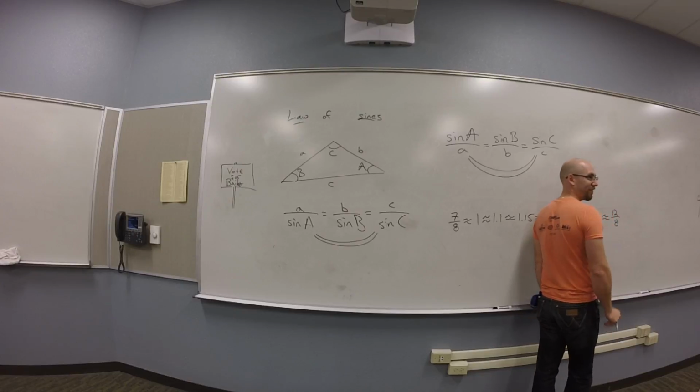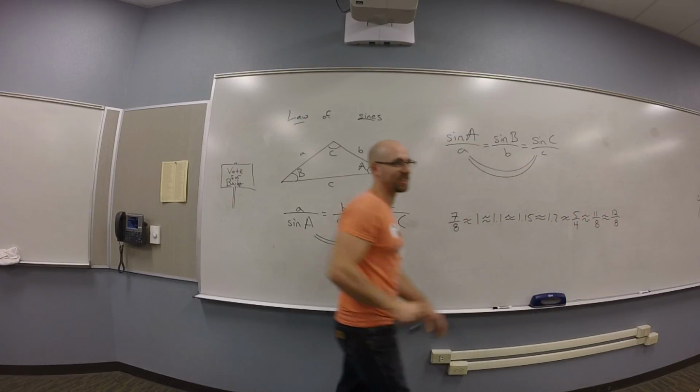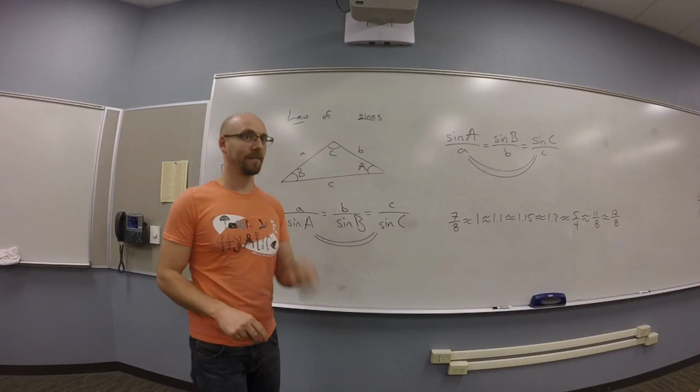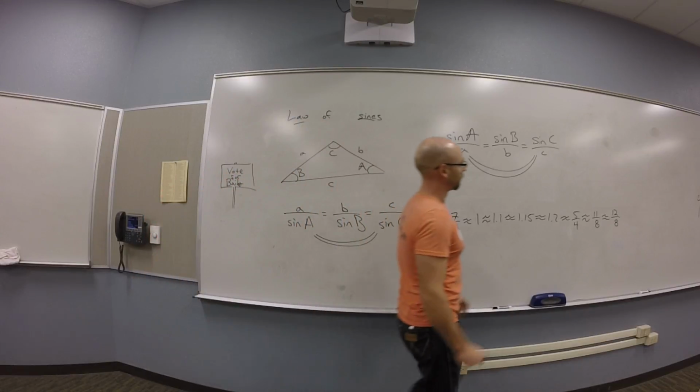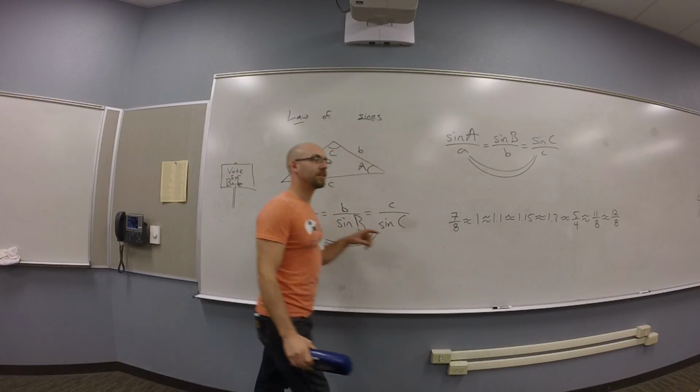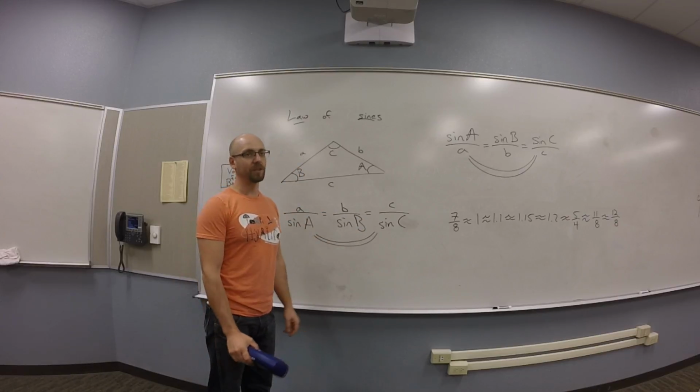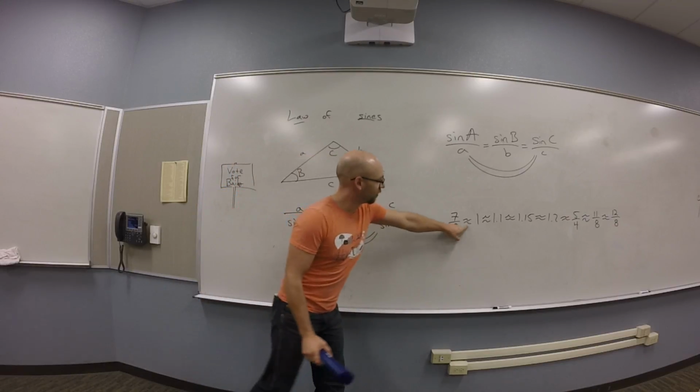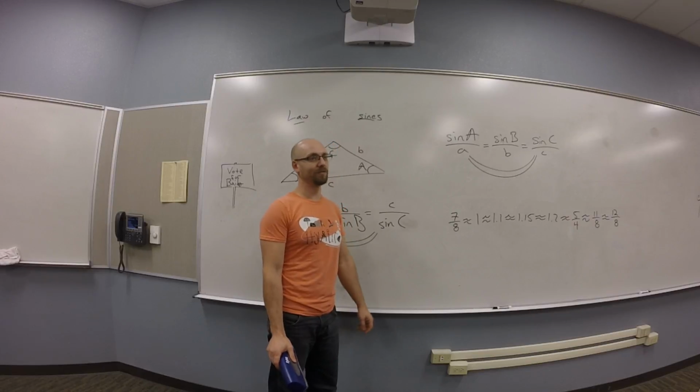So 7/8 is basically 1.5. Equality is what's called an equivalence relation, and almost equals is not an equivalence relation.